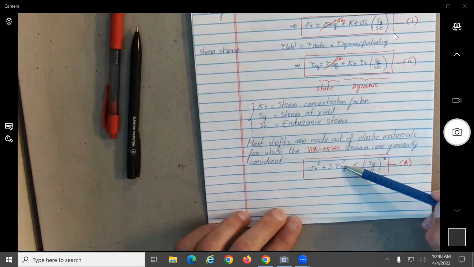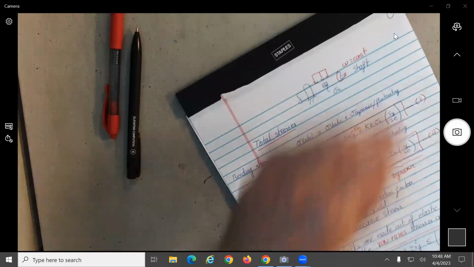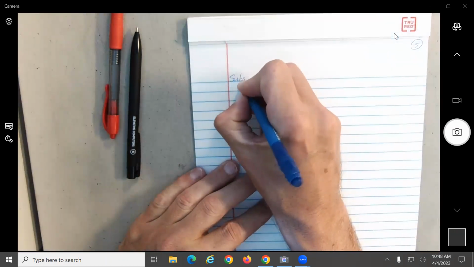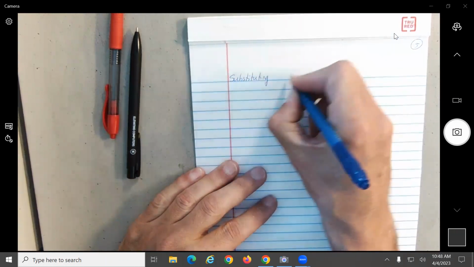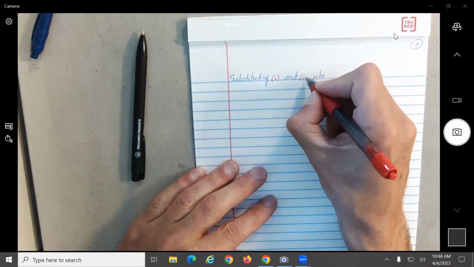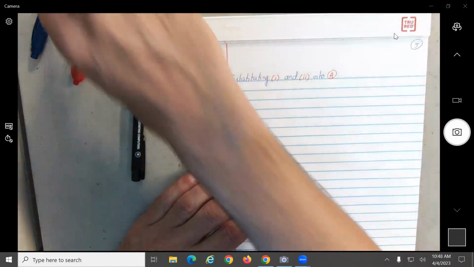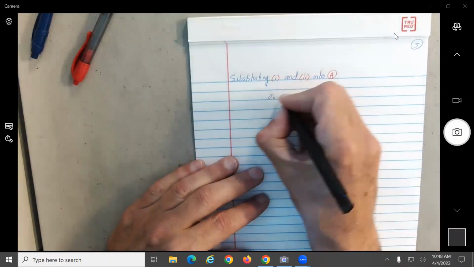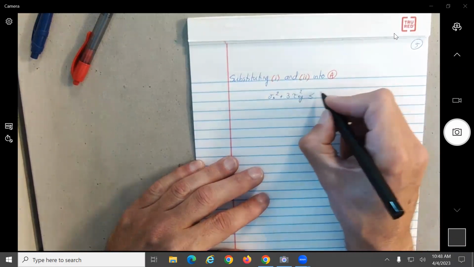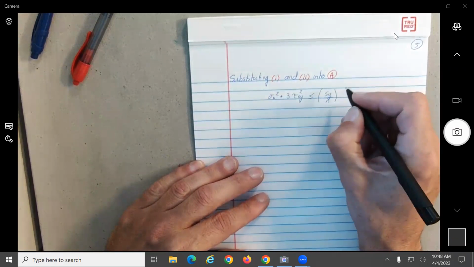Substituting 1 and 2 into A, let's rewrite A. We have sigma x squared plus 3 tau xy squared should be lower than S yield over the safety factor, squared.